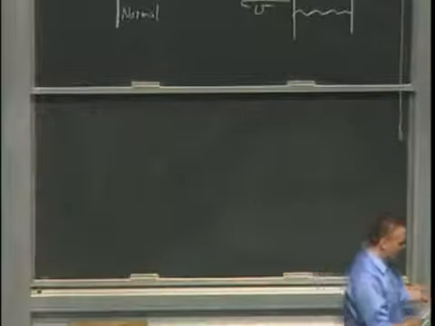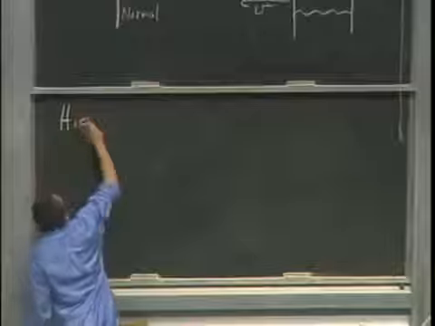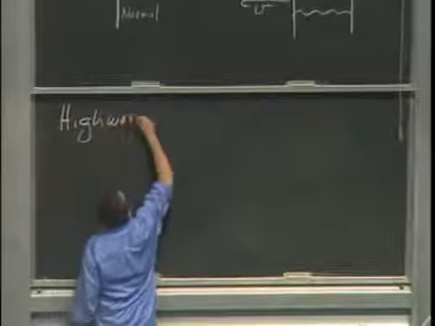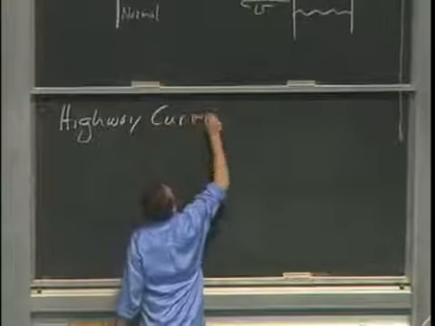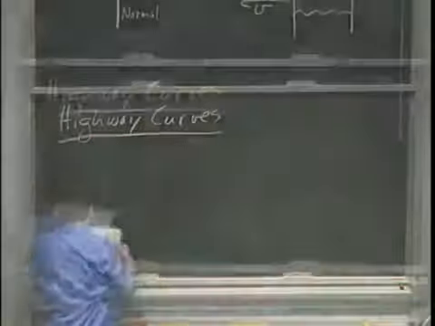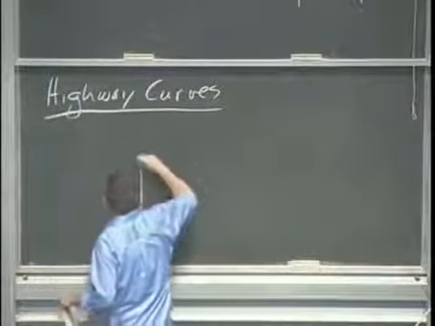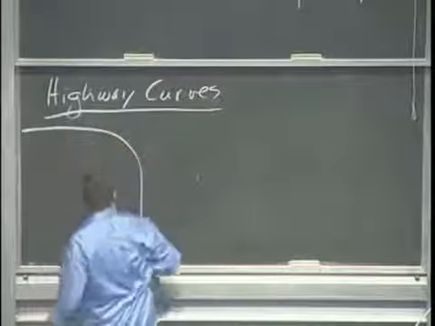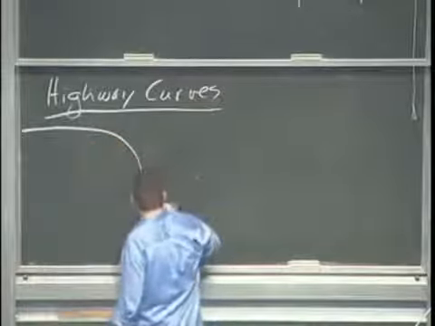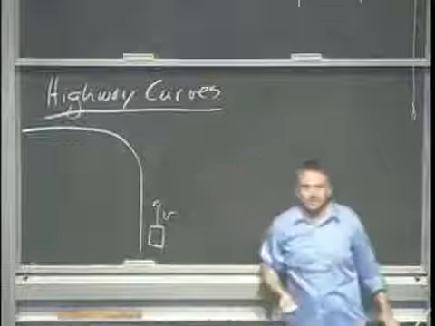Okay, so highway curves. Imagine here you are traveling along the road and there is a curve in the road. Here's your car, you're moving along with some speed, okay?